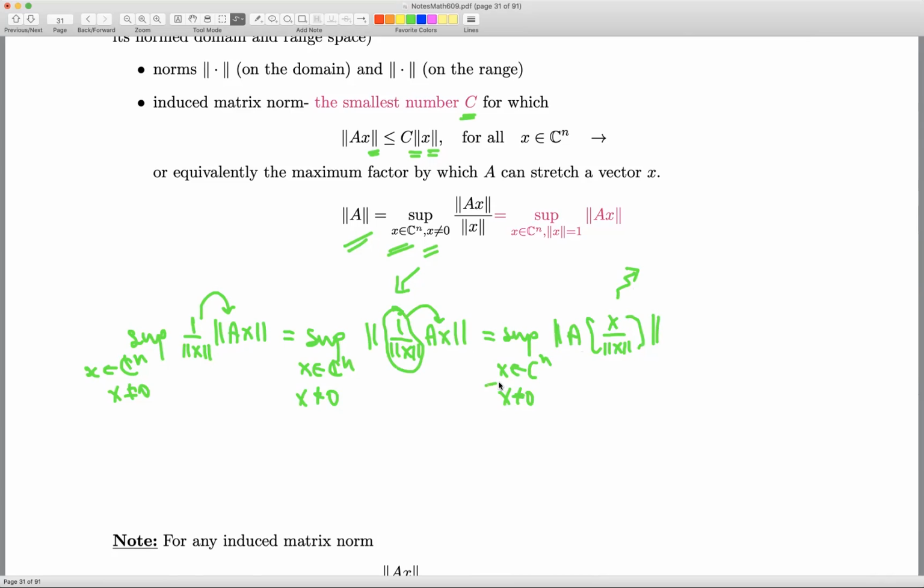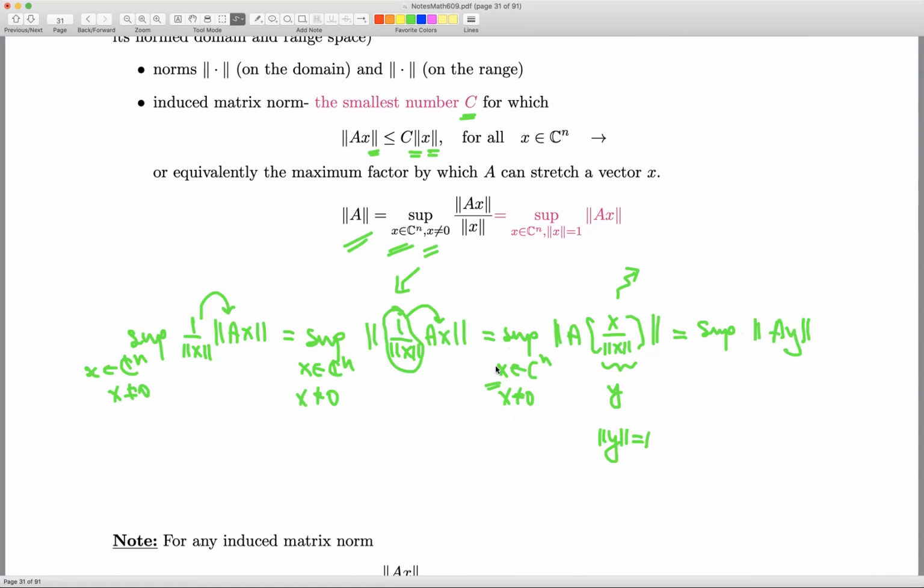So when x moves around Cn and is different from 0, that vector, let's call it y, x over the norm of x, actually lives on the unit sphere, because the norm of this vector is equal to 1, the unit sphere with respect to that vector norm.